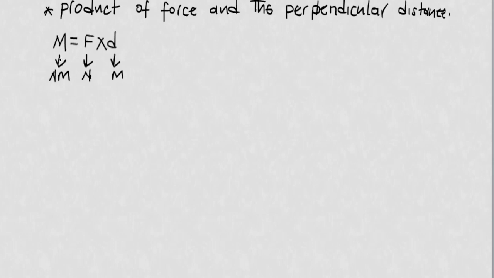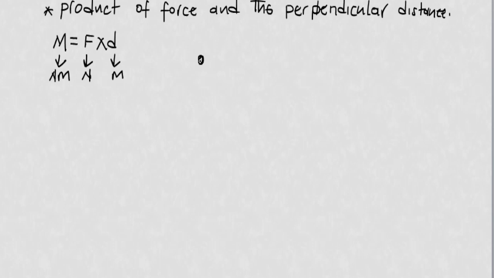A few things that you should know about this: number one, the perpendicular distance must be a distance from the pivot to the force. The other thing is that it must be at right angles to the force. Let me give you an example.